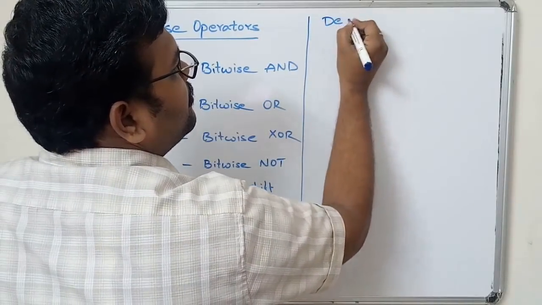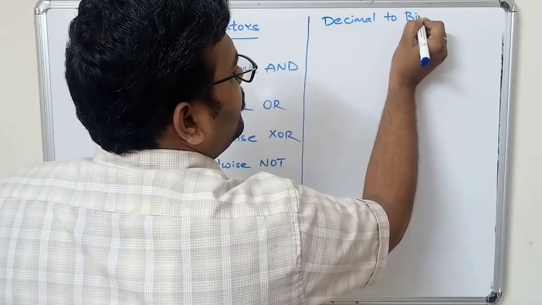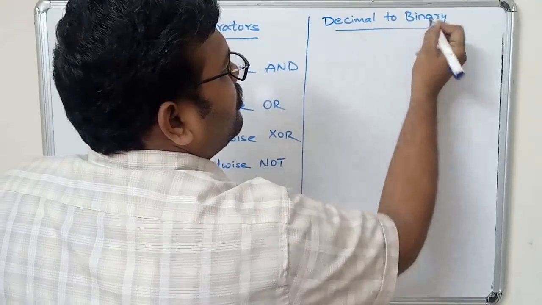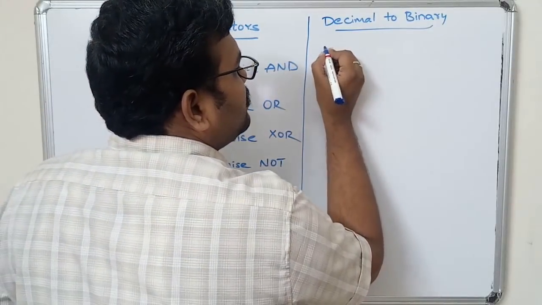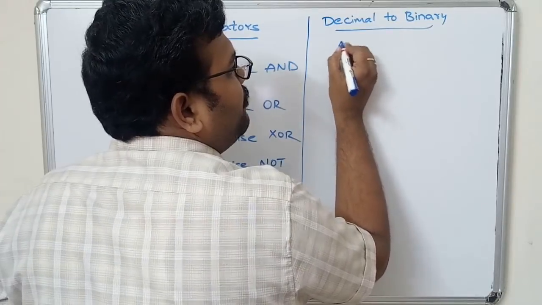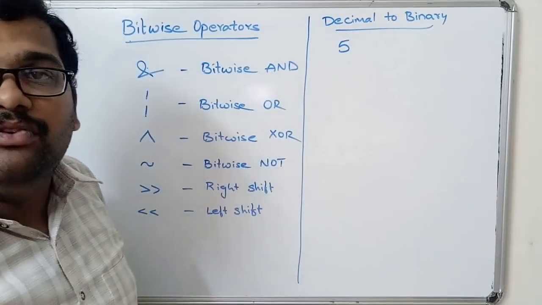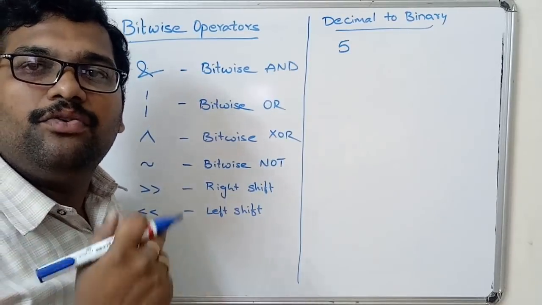Decimal to binary conversion. Let us take some value here as 5. The value is 5, and now we need to convert this 5 into binary.